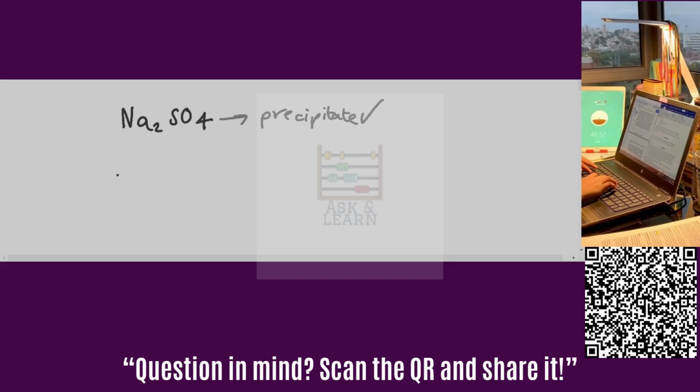So the sodium ion can be replaced, and it gives possibilities to calcium sulfate, which is insoluble, so it would form a precipitate. And FeSO4 is soluble, so it wouldn't form a precipitate.